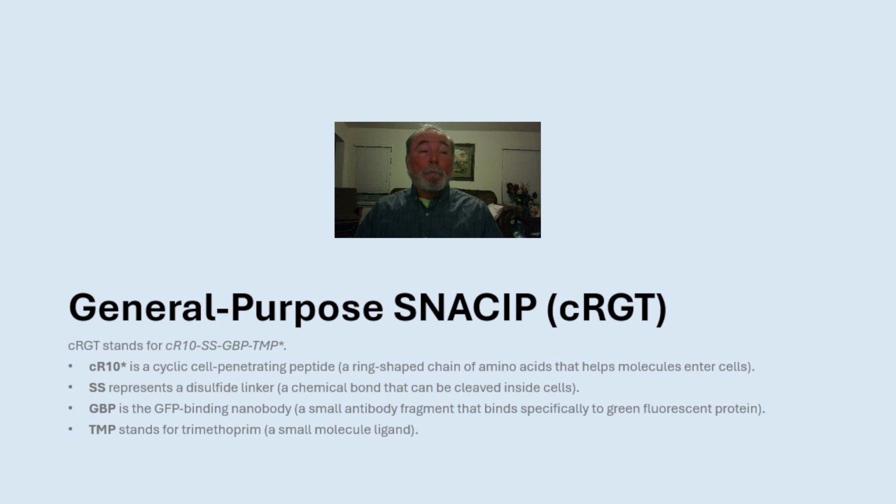The GBP is the binding nanobody, and quite often it has a fluorescent or radioactive protein attached to it so it can be tracked. And TMP stands for trimethoprim, a small molecule ligand.